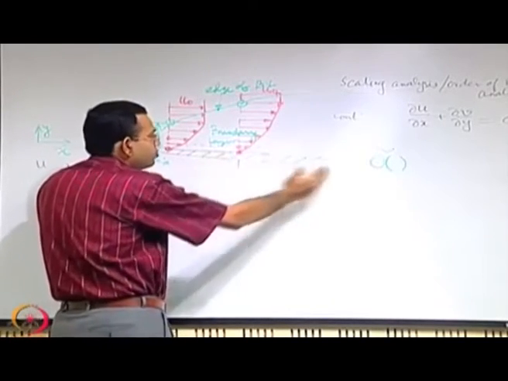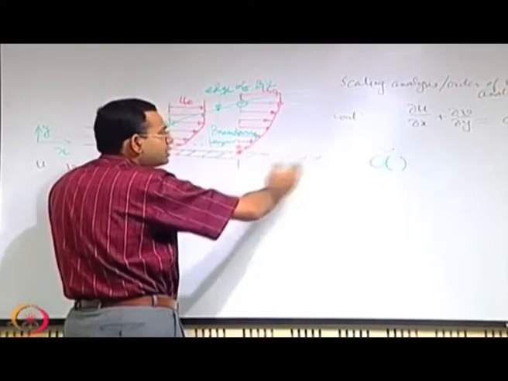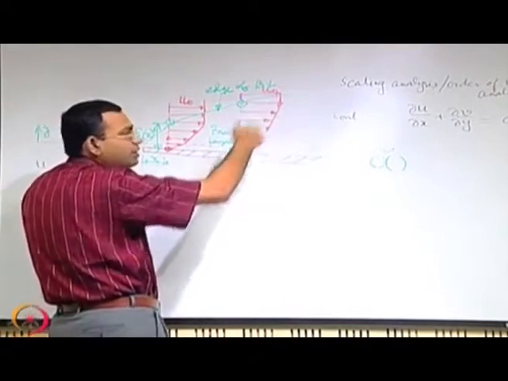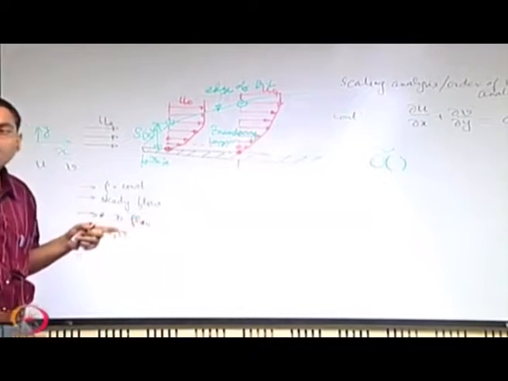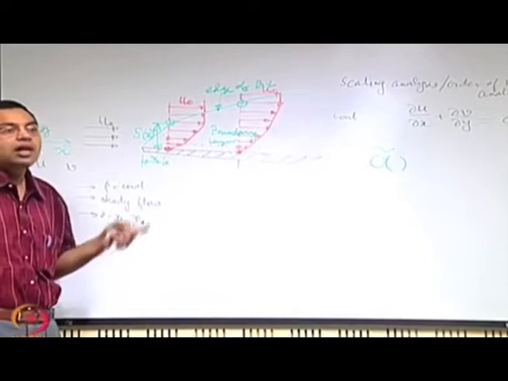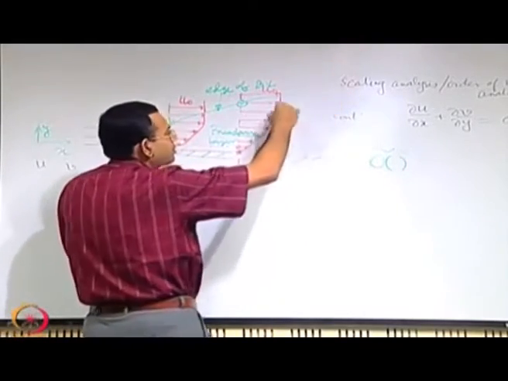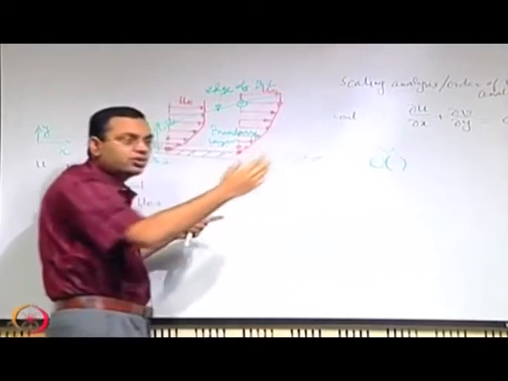As your axial length scale becomes more and more, there may be a location where the Reynolds number is so high that a slight disturbance will trigger turbulence. So, qualitatively the boundary layer will grow, but the quantitative manner in which it will grow will change.